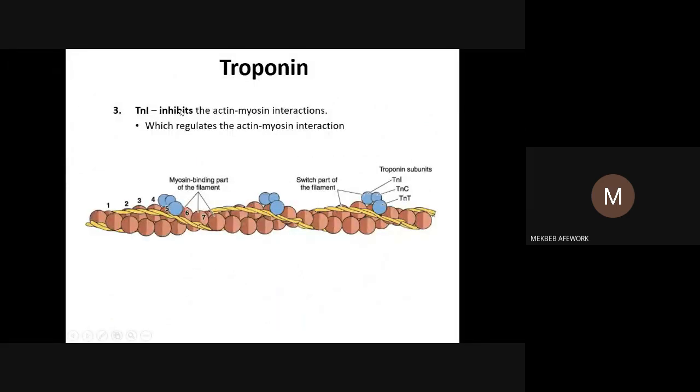Then we have a third subunit, which limits the association when there is no calcium. It inhibits, so we name it the inhibitory subunit of troponin. So troponin is playing a role in unmasking and masking the active site over actin.